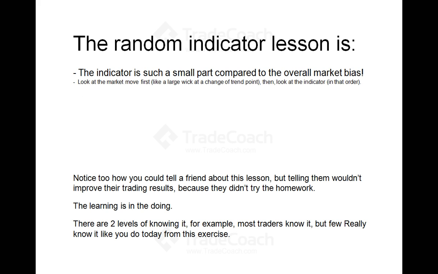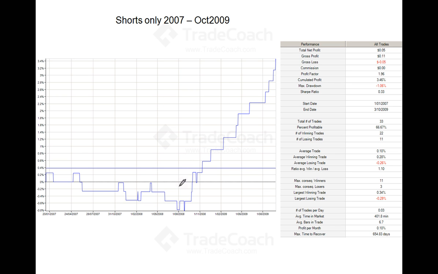So the random indicator lesson is, and hopefully you all built systems with a random indicator this week, that the indicator is such a small part compared to the overall market bias. What this shows us is it doesn't matter what we do, we can't do much wrong on the short side, as we saw there.